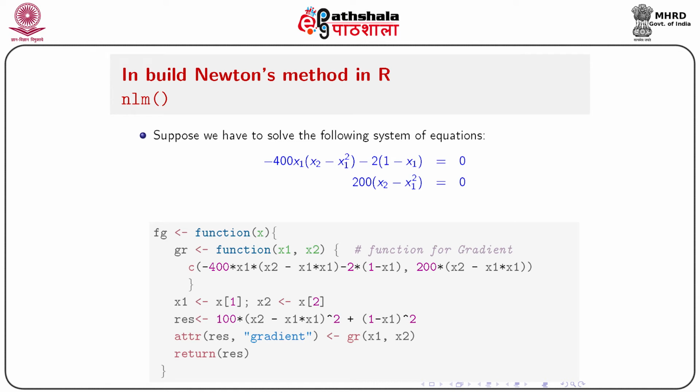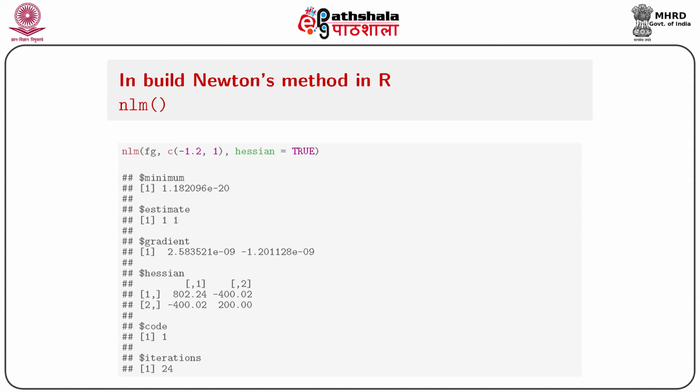That is the function, and it can be passed to the nlm function, say nlm(fg, starting point minus 1.2 and 1, hessian equals TRUE). Then it will give you the minimum, 1.18 times 10 to the power minus 20, the estimate is 1, the gradient is given like this, the Hessian is also provided in this manner, the code, and the number of iterations was 24.